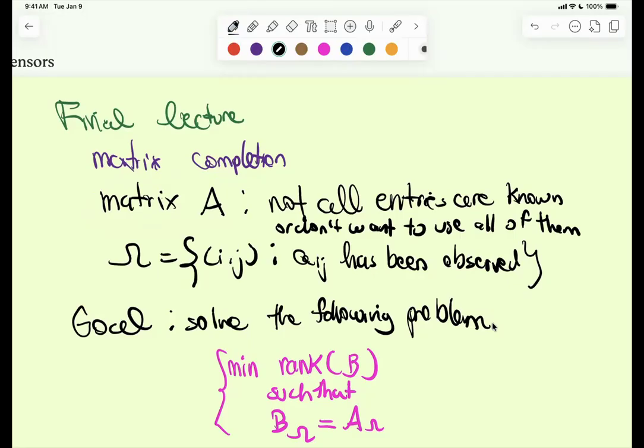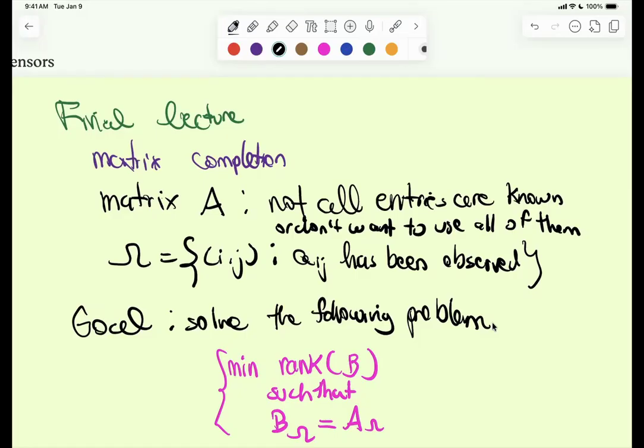So you just access some of those entries, or take a sample of the entries of the matrix. That's what this Omega set refers to: the indices of the entries that were observed, in quotes, or sampled.